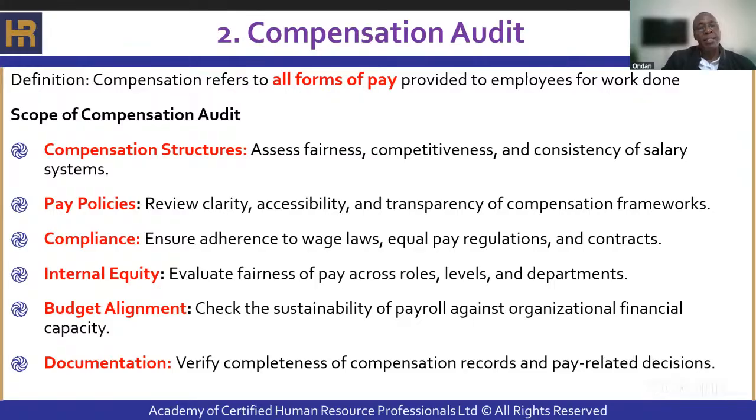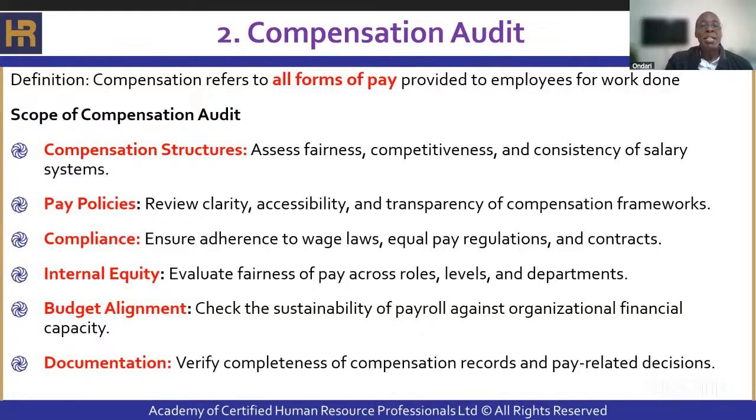One is the pay structure, and we may have different structures in terms of pay. It might be a graded pay structure, which is the most common, or a family-based structure where similar jobs are grouped together and paid, or any other form or structure of compensation. What do we assess in the structure? Fairness.